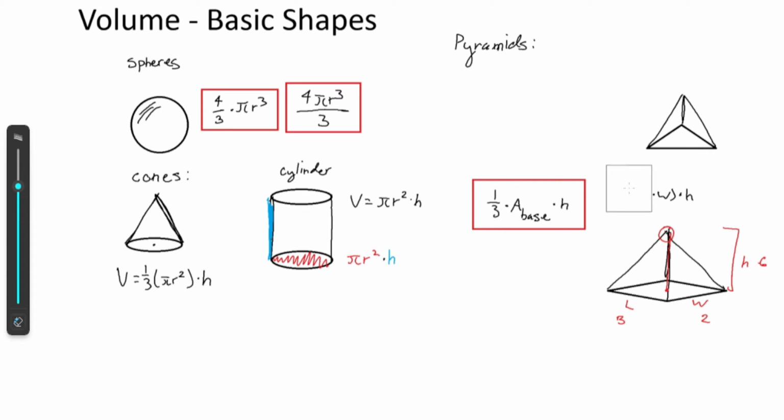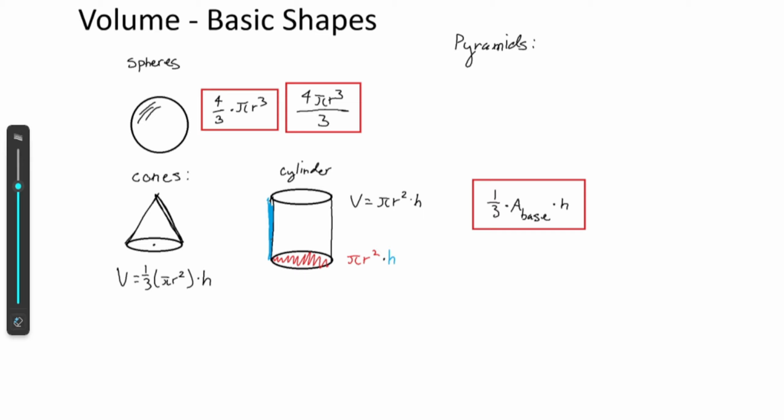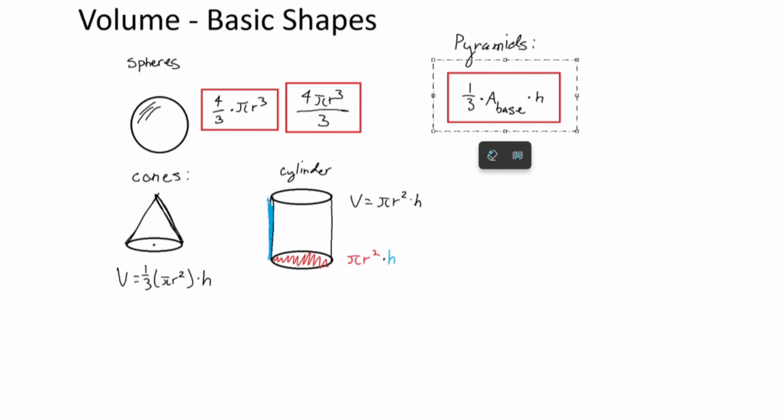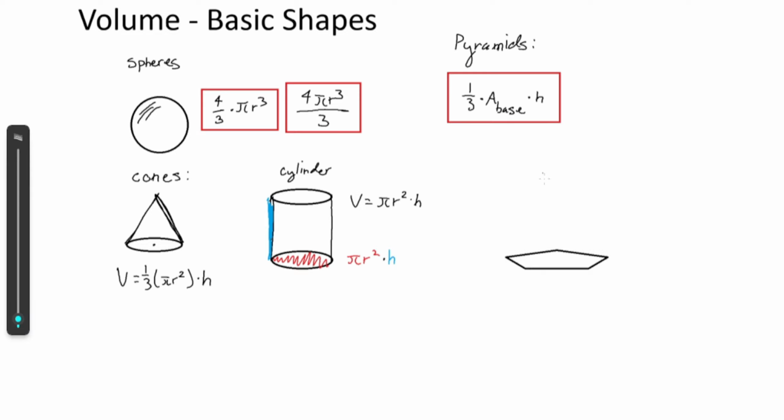Let's go over some pentagonal and hexagonal pyramids before we move on. So if we look at a pentagonal pyramid here, it would look a little something like this.